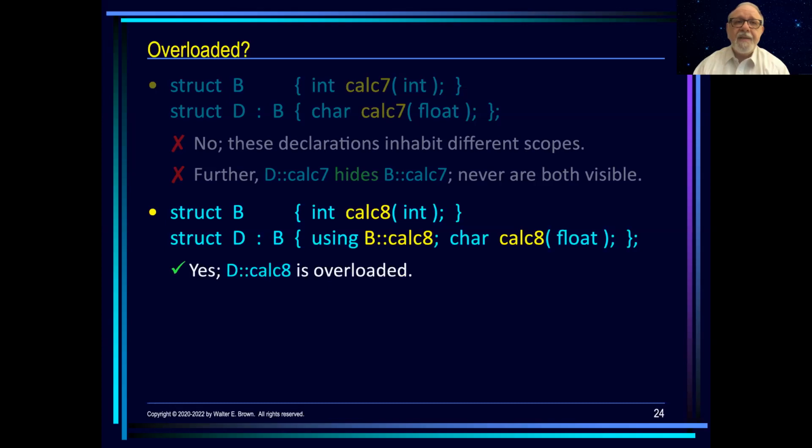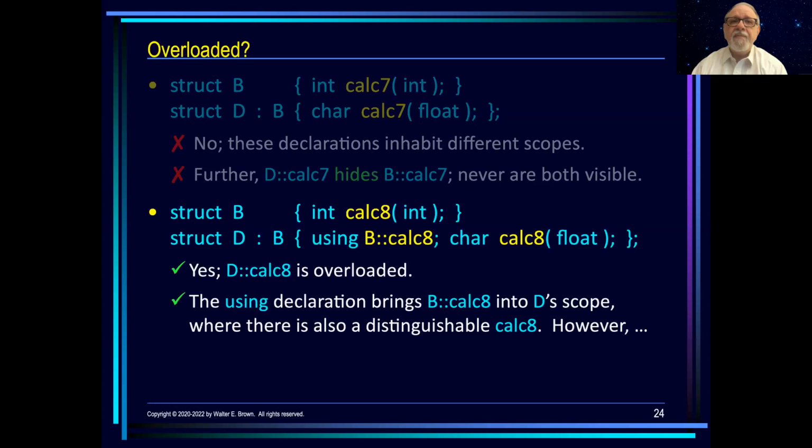This is an overload set in the definition of struct D in the derived class. The using declaration brings the calc8 from the base class into the scope of the derived class, where there is also a distinguishable calc8. So we have an overload set in the derived class.